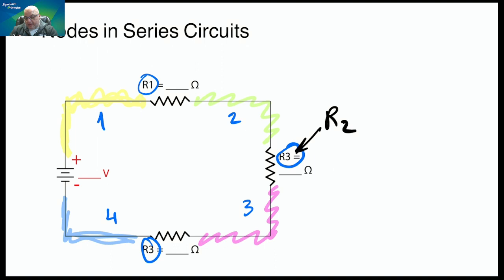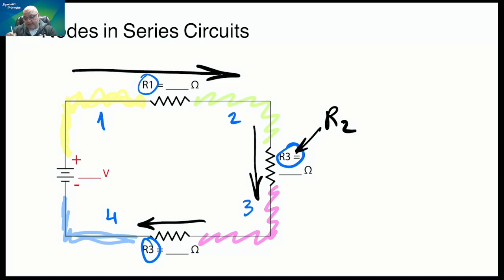So the idea of a series circuit is that the current that is flowing through one resistor in its entirety should flow through the other resistors. If these black arrows represent the current, if this is the current I1, which goes through resistor R1, then I2 here is supposed to be equal to I1, and I3 here is supposed to be equal to I1 and I2, which we say is equal to I total.